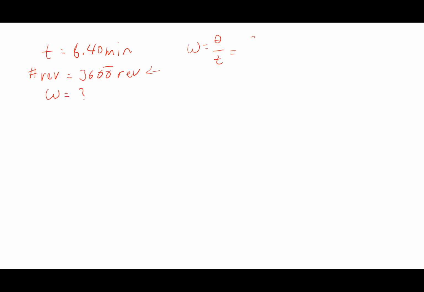So that's going to be 3,600 revolutions divided by t, which is time, 6.40 minutes, and that's going to give us 563 revs per minute, or you also will hear that as 563 RPMs, which is what we're used to hearing, right? Like on our car or whatever. 563 RPMs.